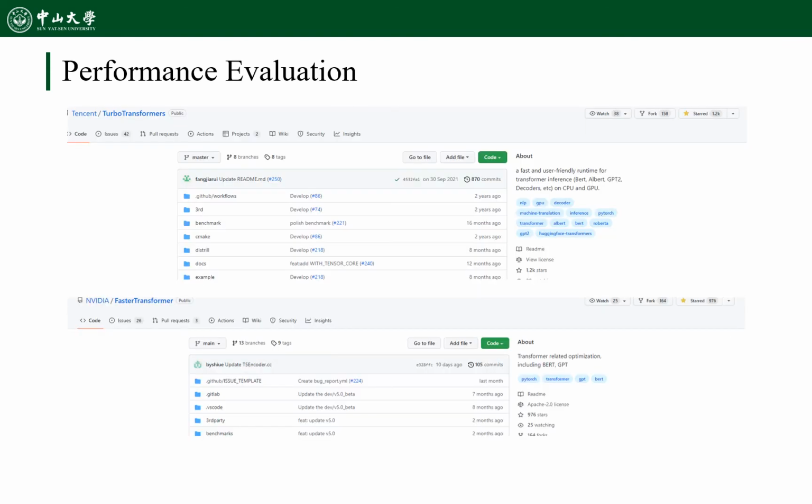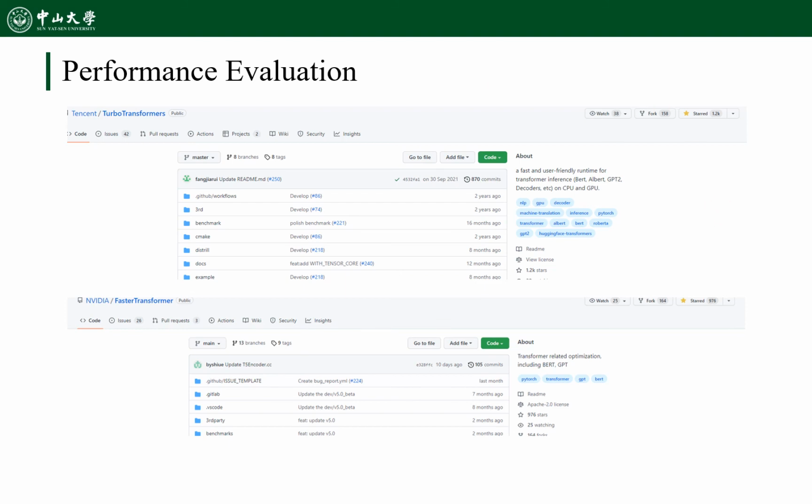Moving on to the performance evaluation section, here we select two popular transformer inference frameworks. It's Turbo Transformer from Tencent and Faster Transformer from NVIDIA.